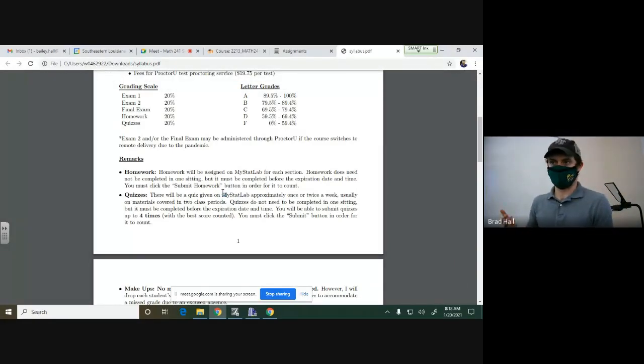There's homework for each section or a collection of sections. If you're not familiar with my math lab, you don't have to complete the homework in one sitting. You can do part of it at one point, part of it at another. You can do it wherever you want, really. You don't have to turn in any scratch work to me either.